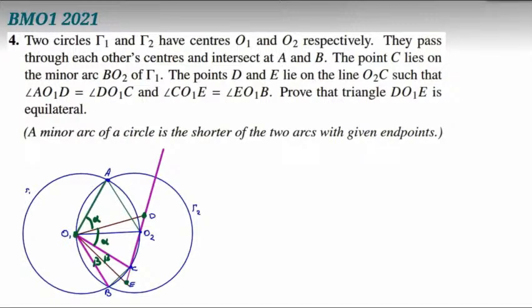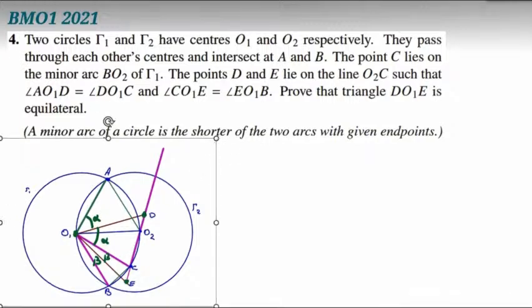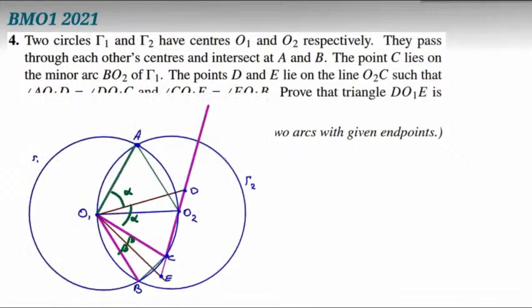Now, this says a minor arc of a circle is the shorter of the two arcs with given endpoints. Okay, so now that we know what the problem is, here DO1E. Now, I want to prove it is 60 degrees. How?